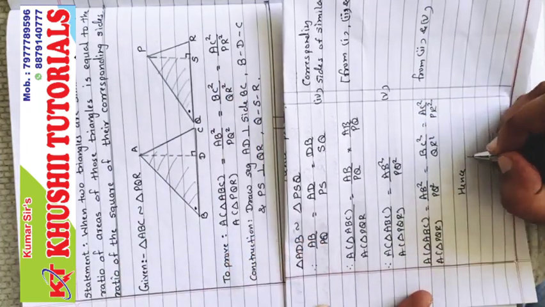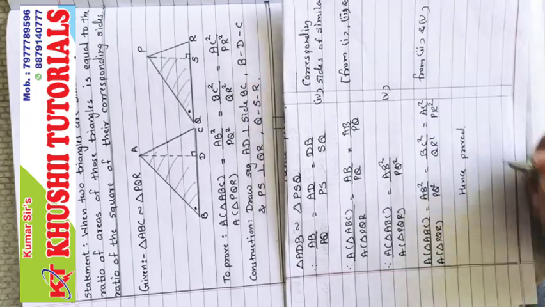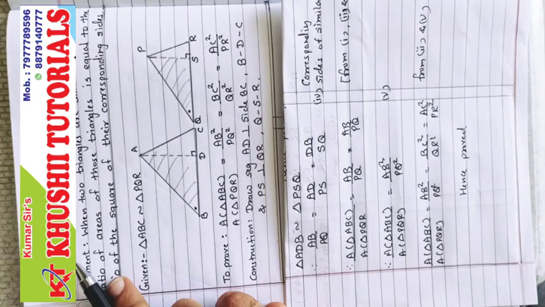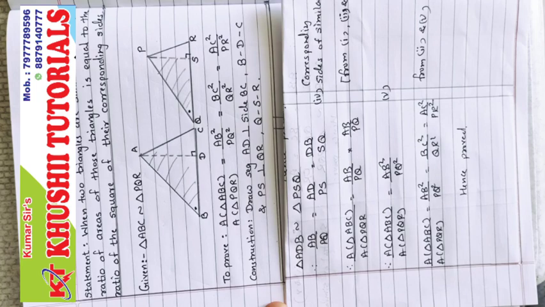Hence proved. So this is theorem number 6, theorem of area of similar triangles. This theorem is very important.